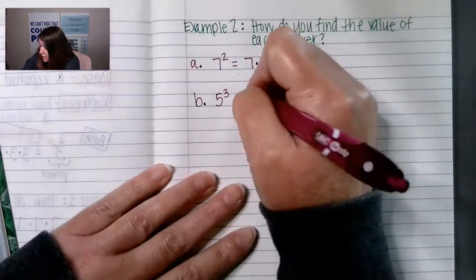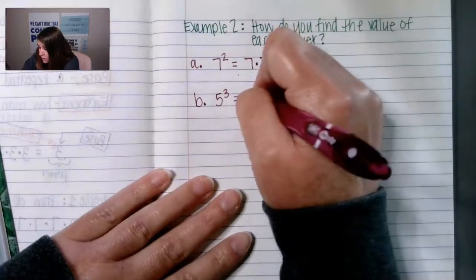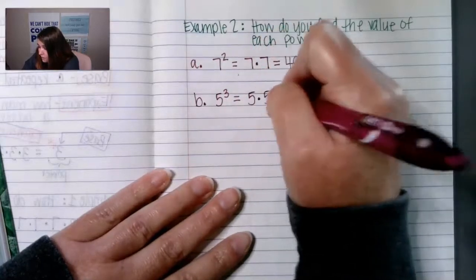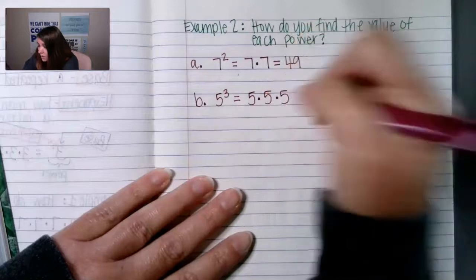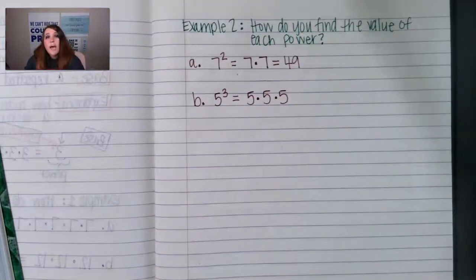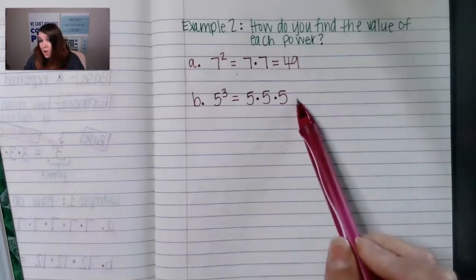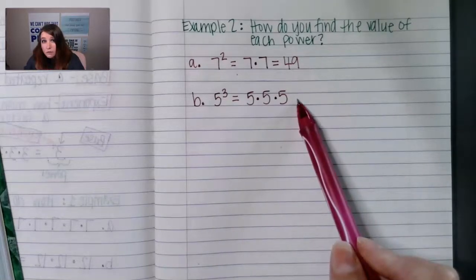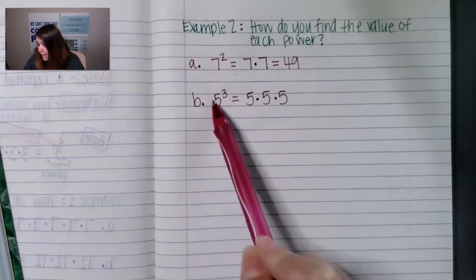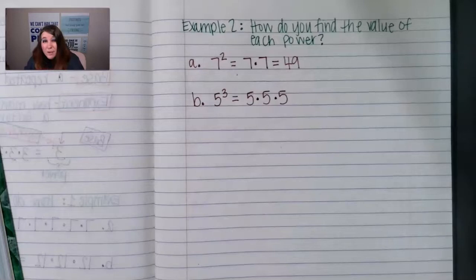Yeah, totally. So we're going to have 5 times 5 times 5. All those factors have to get multiplied together in order to solve or get the power value. We want the value of this guy, so we have to multiply those.